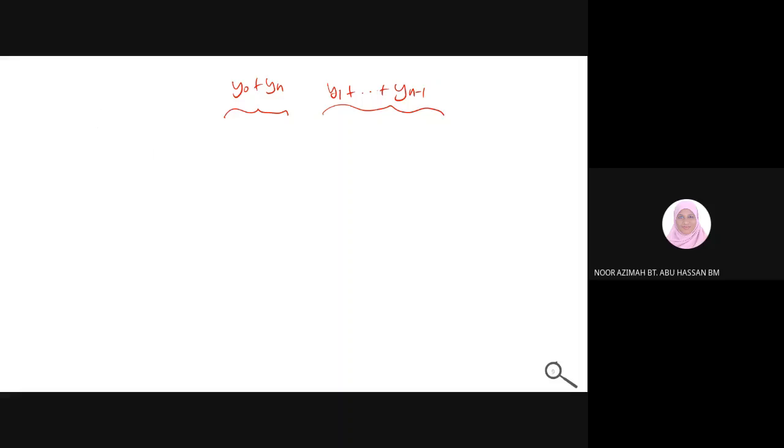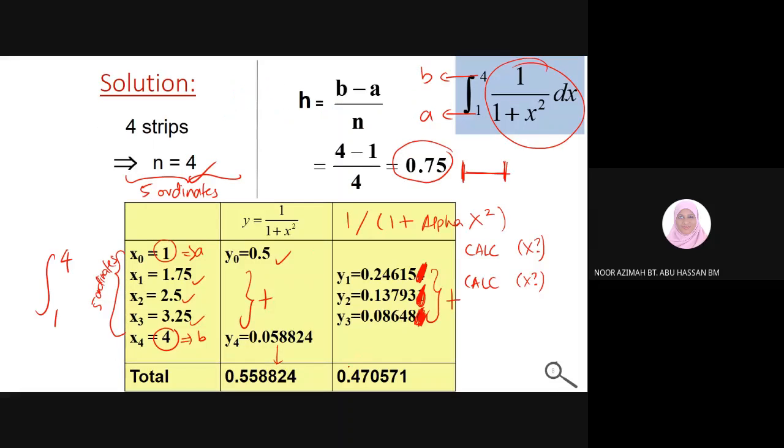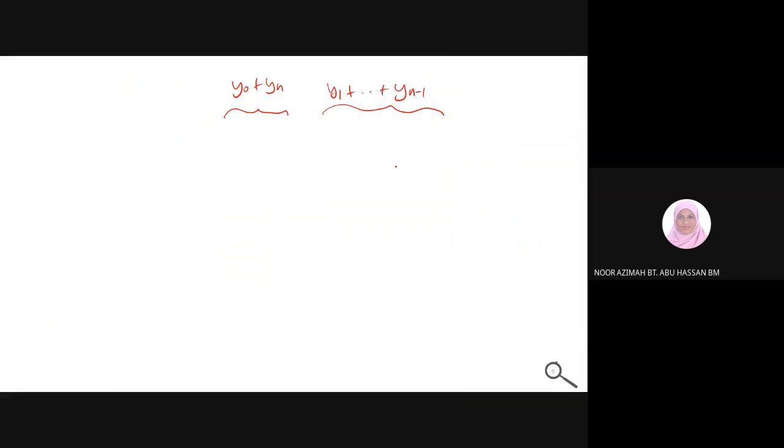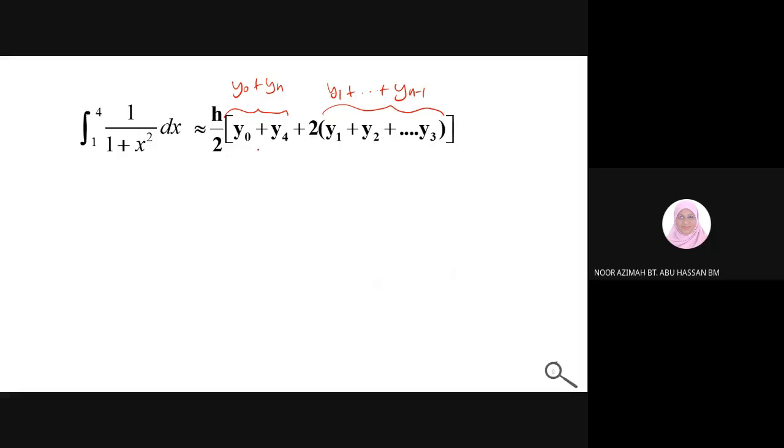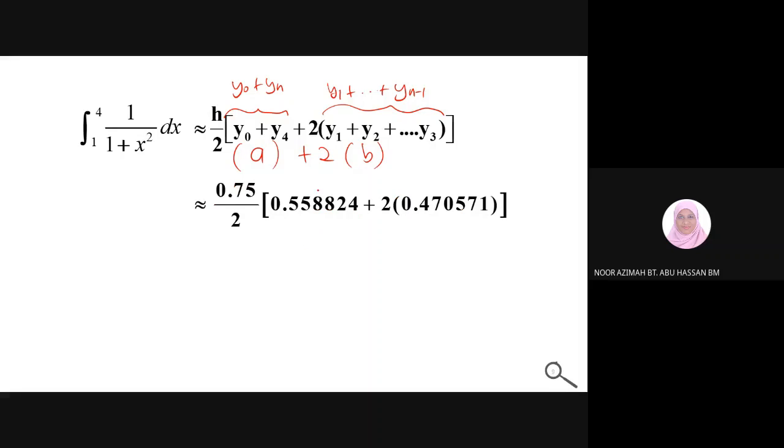So, ataupun dalam diagram kita, awak boleh anggapkan ini sebagai kotak yang pertama, jumlah A. Yang ini jumlah yang kedua, part B. Kan? Kalau dalam formula ni dia akan jadi sebenarnya di kawasan A tambah 2 kali ruangan B.